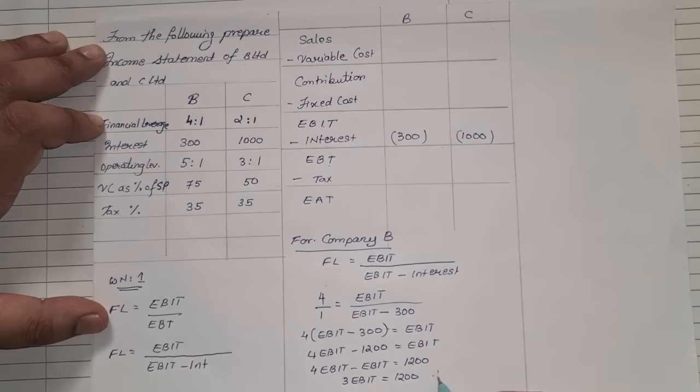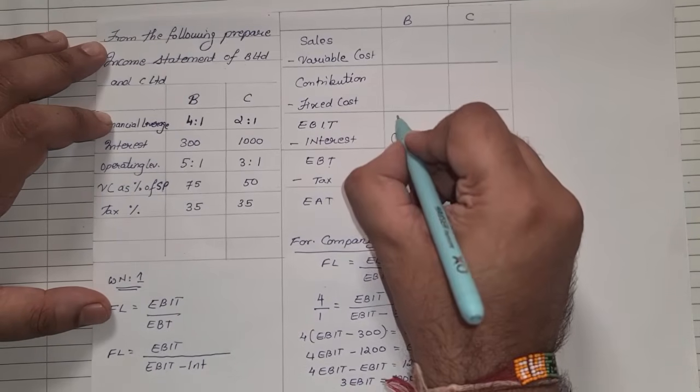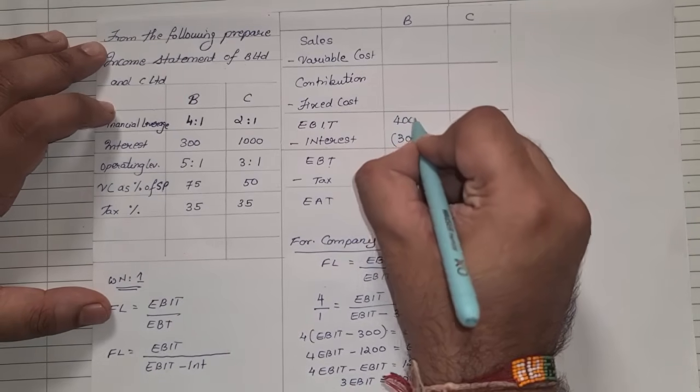Finally I can say that EBIT is equal to 1200 divided by 3, which gives you 400. So my EBIT for company B is 400. So I will write EBIT as 400.